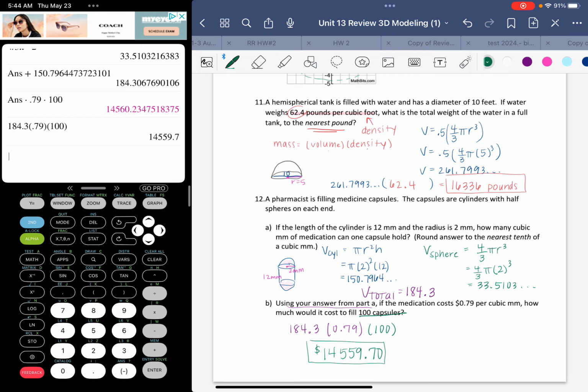So when they don't tell you to use your answer from the part above, you're using that full decimal, and you're going to get something that's really, really close. Like we're only about 53 cents off. But think about it. If you're a pharmacist and you have a business, do you want every single customer shortchanging you 53 cents? No, you want to use the most accurate decimal.